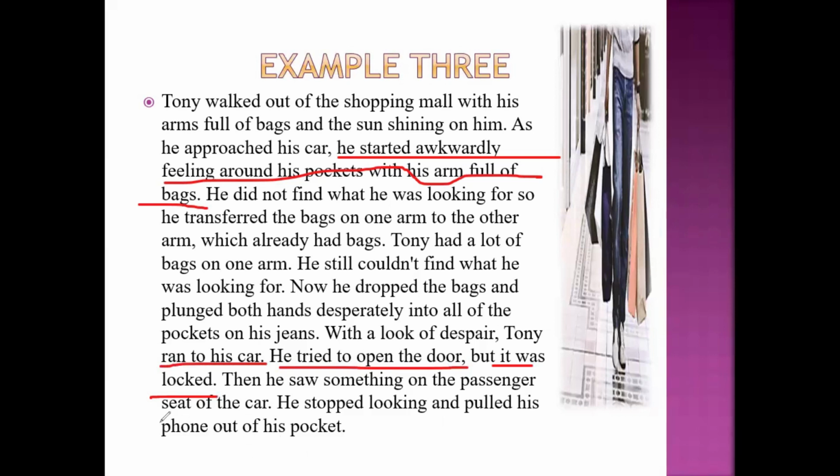And then he saw something on the passenger seat. So he stopped looking. So this lets us know that he was indeed looking for his car keys because he would have locked them in there.